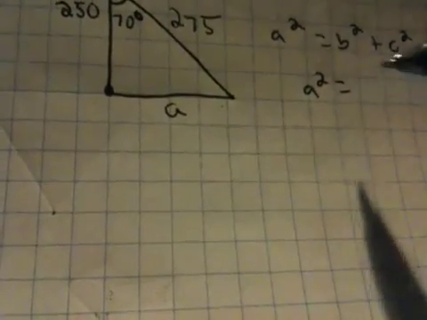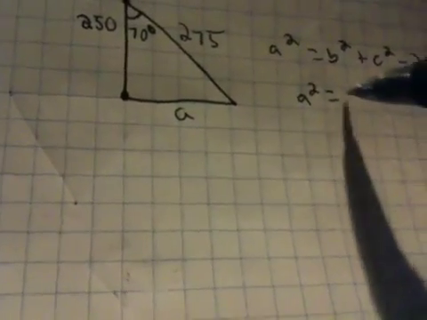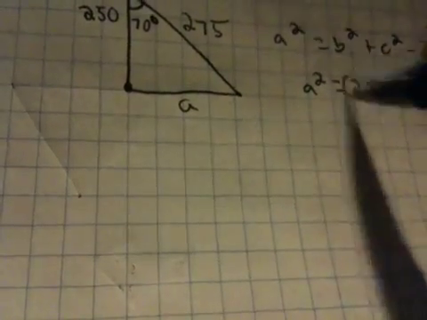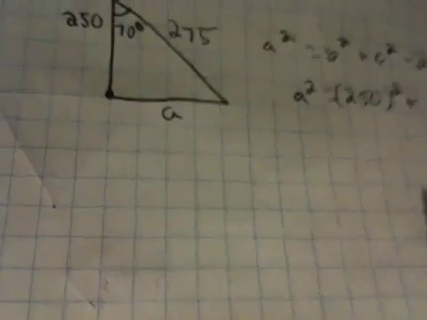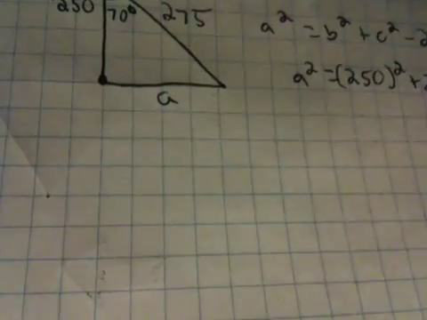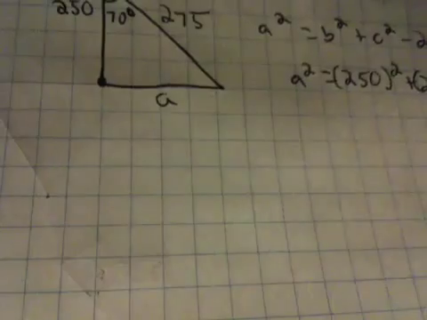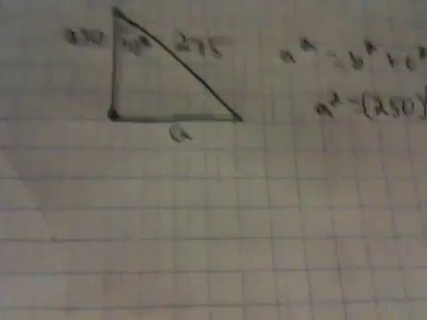So it'll be A squared is equal to B squared, which would be 250 squared, plus C squared, which would be 275 squared, I'm running out of room, minus 2BC.